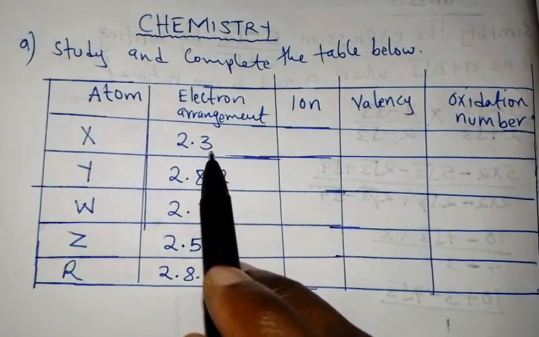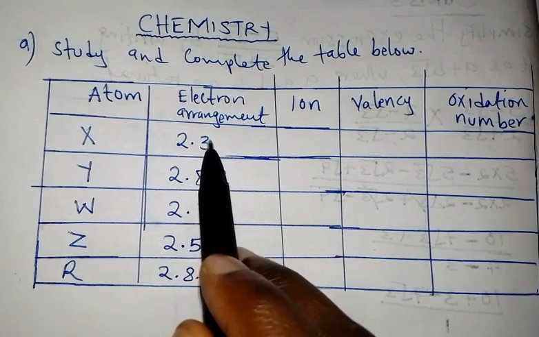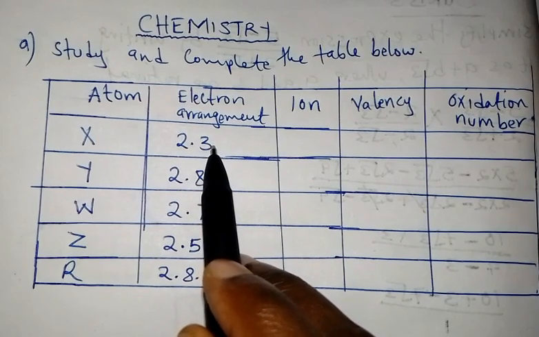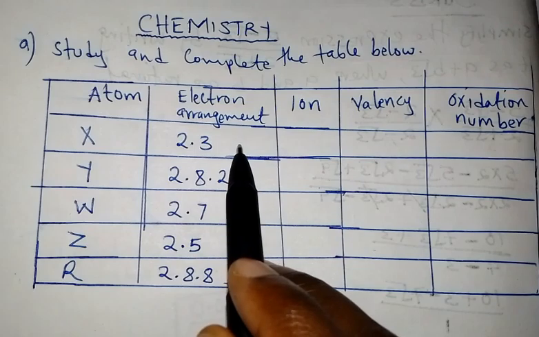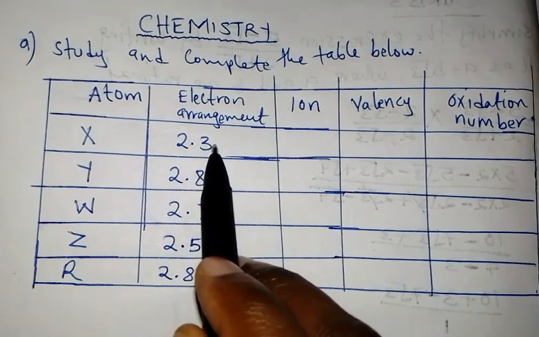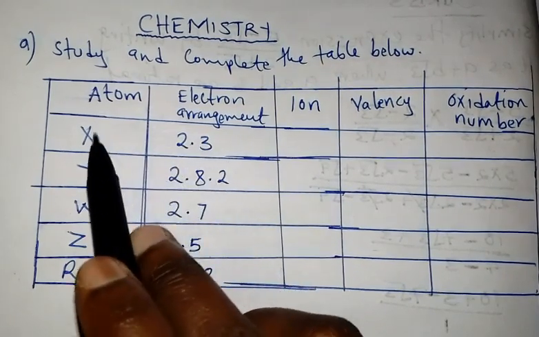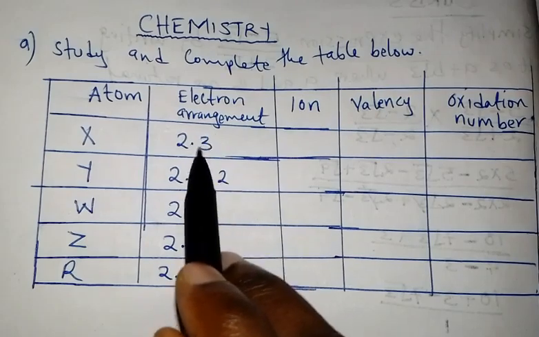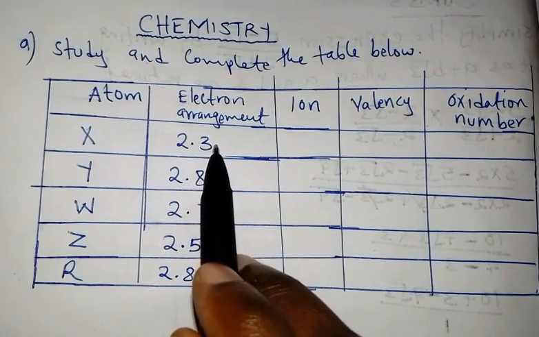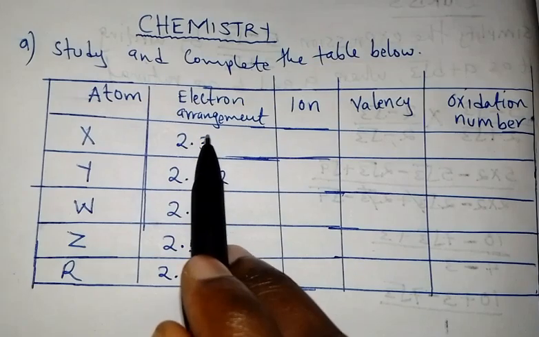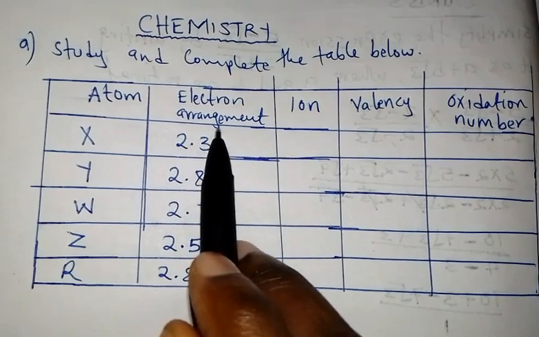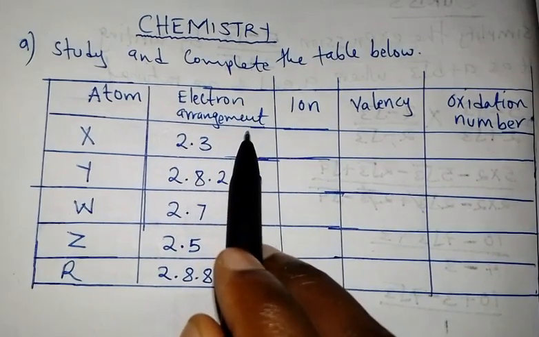Remember, for the second energy level to be filled, it must have a maximum of 8 electrons. So if you look at the second energy level on the atom X, we only have 3 electrons. So for the second energy level to be filled, it requires to gain 5 electrons.